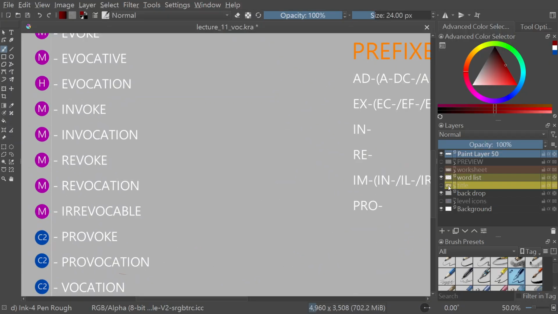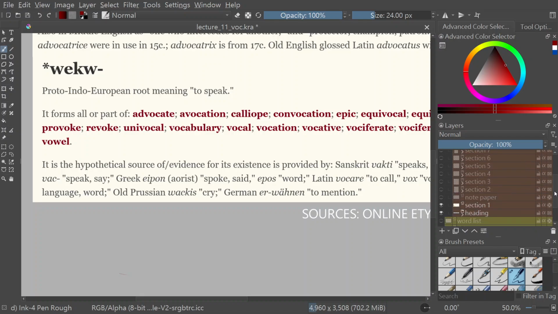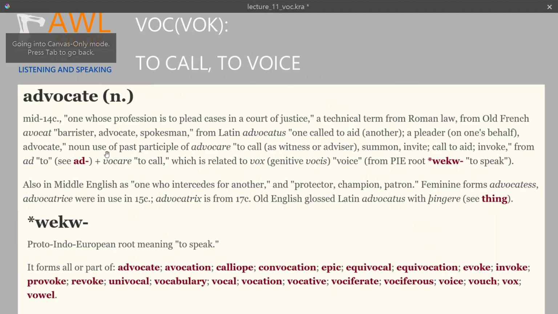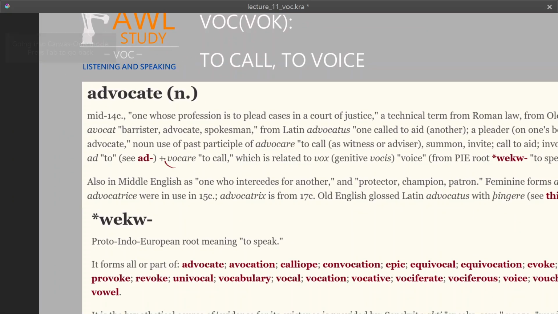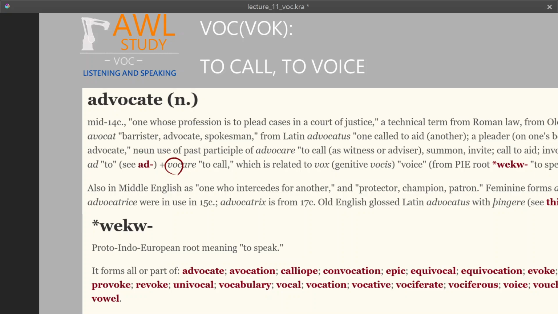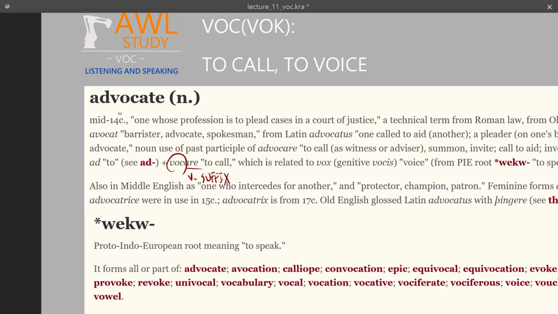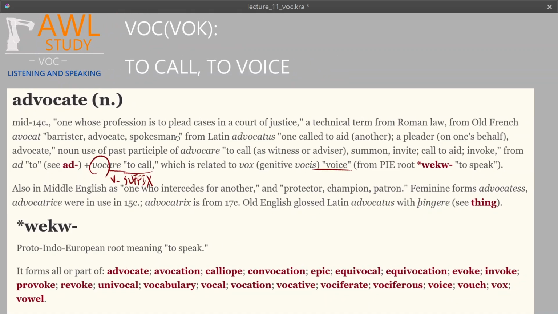All right, so as usual, let's dive into the exploration of the root itself. This one is quite simple. We just have the root VOC followed by the verb suffix ate. So ate is a verb suffix, and VOC is the root, meaning to call or voice.